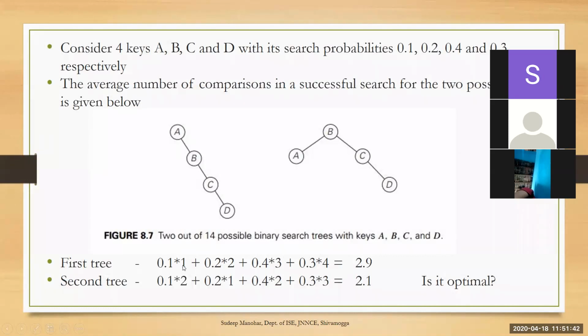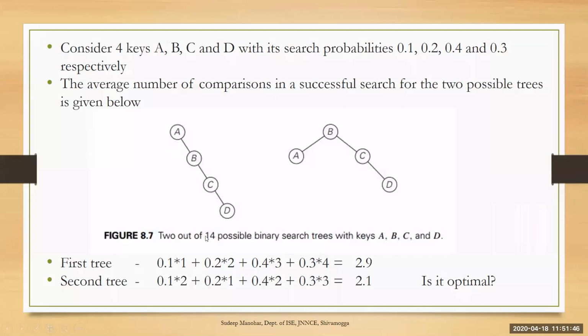Plus 0.2, the probability of B, into 2 comparisons, one at A and one at B. Similarly, 0.4 is the probability of C, and 3 comparisons are required: start from the root, go right, second comparison, then third comparison is C. Likewise, D, 0.3 into 4 comparisons.